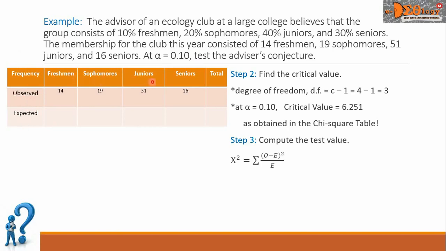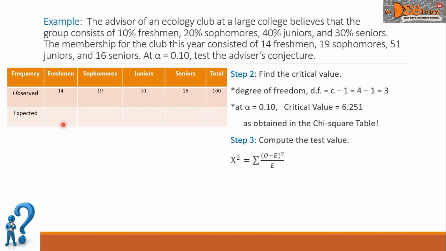The next 4 columns are intended for the categories. So we have the freshmen with 14 observed frequency, sophomores with 19, juniors with 51, and the seniors with 16. The last column is for the total. Getting the total here, we have 100.